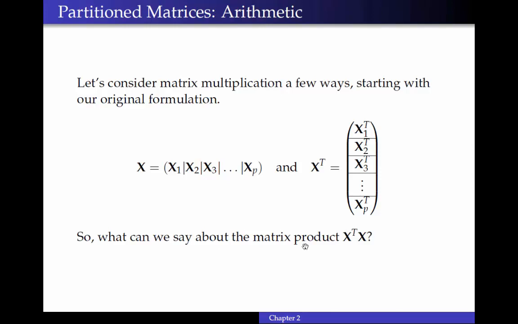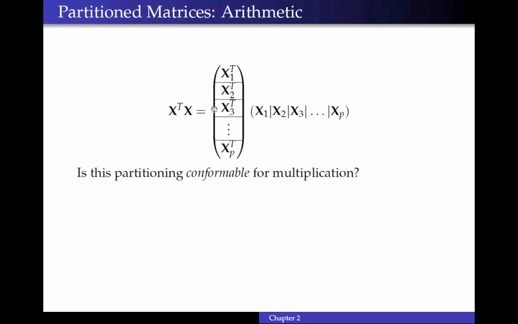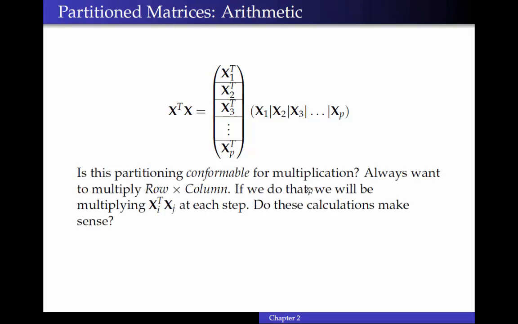Now, what can we say about the matrix product X transpose X? So this collection of row vectors times this collection of column vectors. First of all, we might ask ourselves, is this partitioning conformable for multiplication? Well, what do we mean by that?